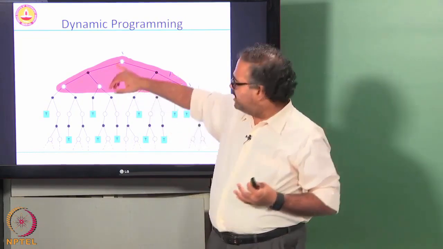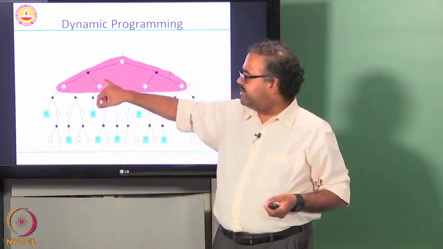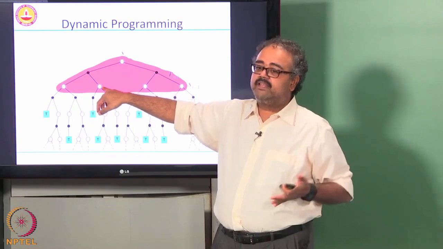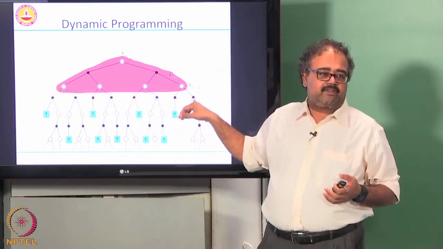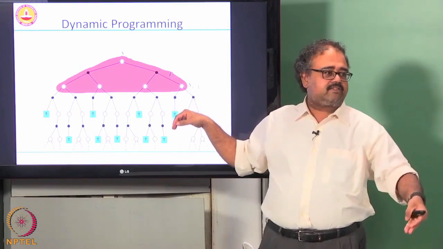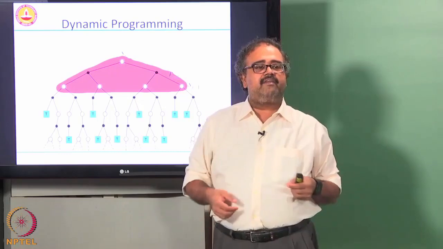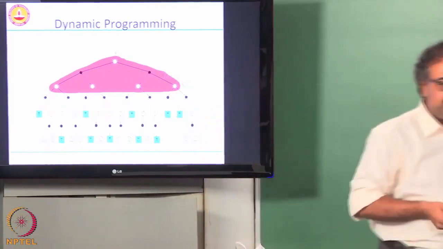So if from here I am going to take say n steps, from here how many steps would you expect me to take? N minus 1 steps. So I look at the probability of winning when I have only n minus 1 steps left. I'll estimate that first. I'll use that solution for estimating the probability of winning when I have n steps left. So that's essentially the idea behind dynamic programming.